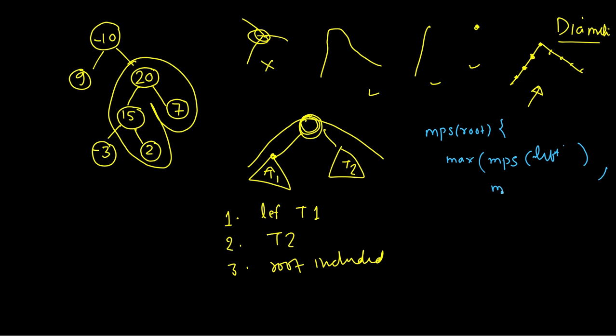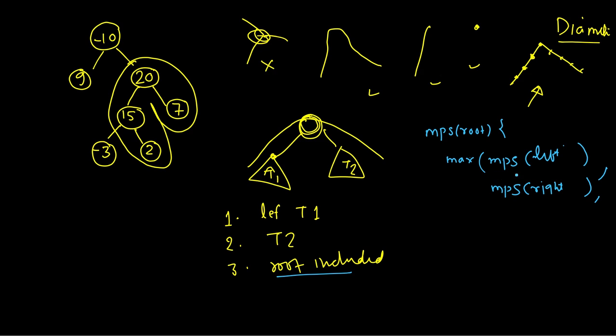And we need to also check a case where what is the maximum sum path in the right subtree, and what is the third case, that path goes through root. In these two cases, we are just checking in this part, and root is not included. In the third case, root is included.